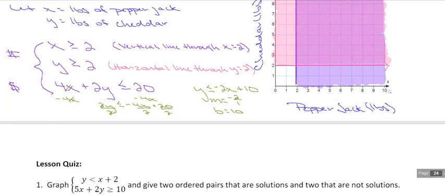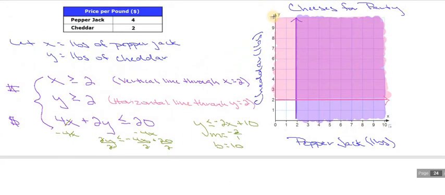So let's get our plotting tools. Our y-intercept is positive 10, all the way up here. Now our slope is negative 2 over 1, so down 2, right 1, down 2, right 1, down 2, right 1, down 2, right 1, down 2, right 1.